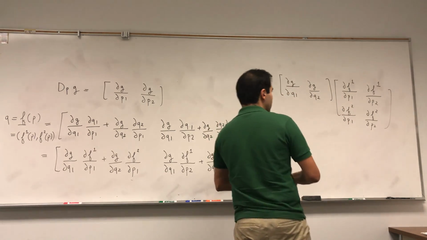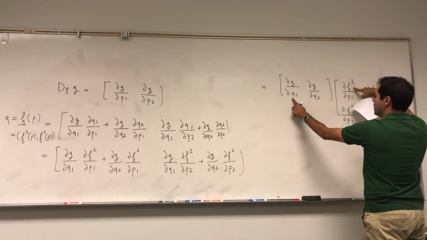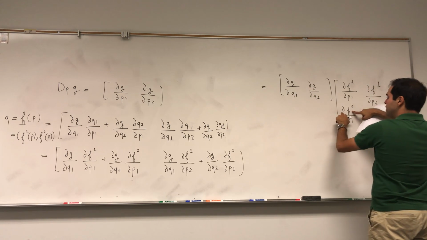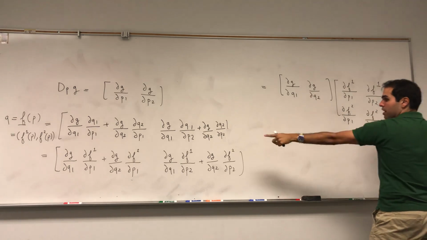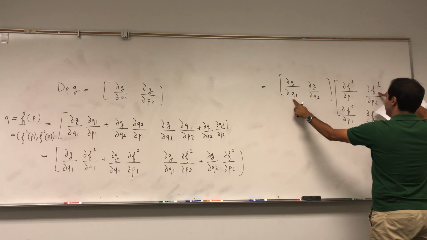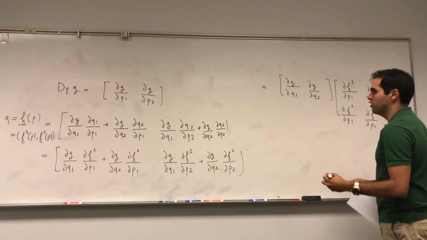Because just think of it in terms of matrix multiplication: dg dq1 times df1 dp1 plus dg dq2 times df2 dp1. Ta-da! First entry. And then dg dq1 df1 dp2 plus dg dq2 df2 dp2.